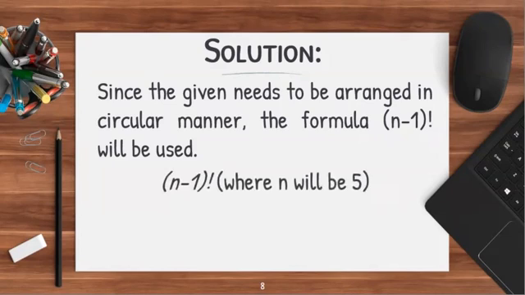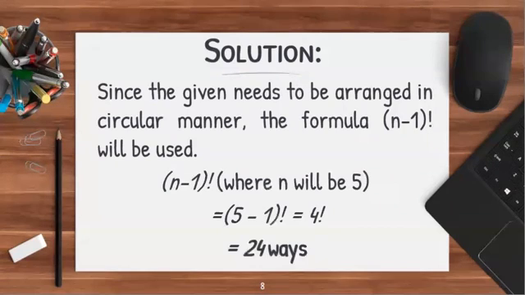So our n there will be 5 since we have 5 people that we need to arrange. Substituting, we will have 5 minus 1 factorial, and it will give us 4 factorial. Simplifying 4 factorial, it will give us an answer of 24 ways. So ibig sabihin po, there will be 24 ways on how we can arrange those 5 persons around a round table.